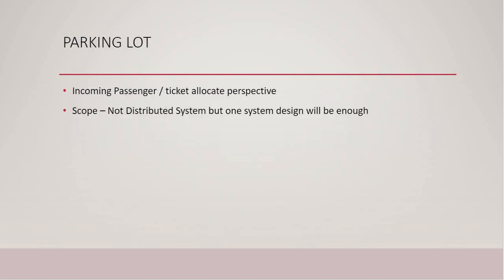Example 2, parking lot. I specifically took this example to give an idea that not all use cases have to be a distributed or a microservice based architecture. Here we'll consider some of the use cases like booking a parking lot at the entrance.